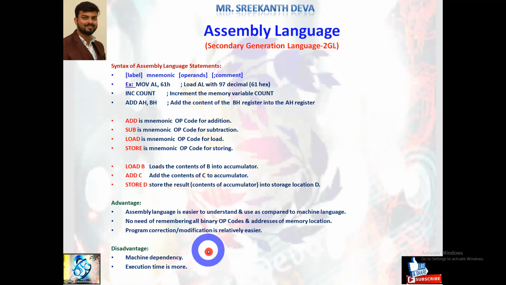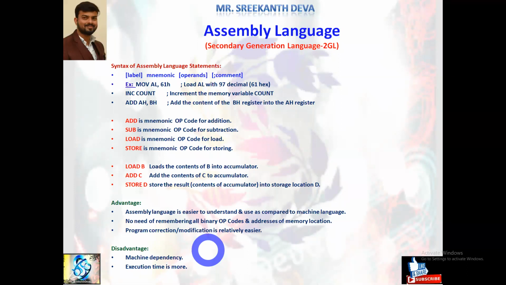Some advantages: assembly language is easier to understand and use as compared to machine language. One of the main benefits is that programmers need not keep track of the storage location of the data and instructions while writing an assembly language program. As compared to machine language, programs written in assembly language have fewer errors.